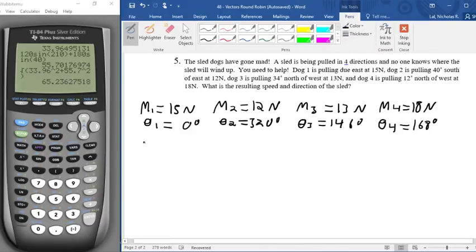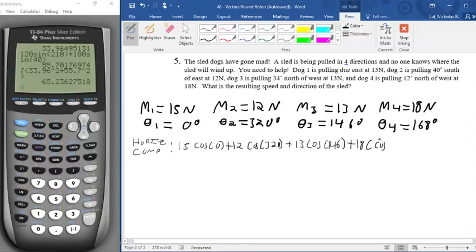So our horizontal component is going to be 15 times the cosine of 0 plus 12 times the cosine of 320 plus 13 times the cosine of 146 plus 18 times the cosine of 168 degrees.